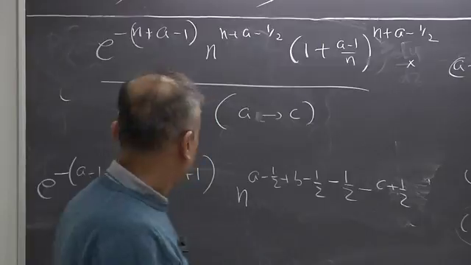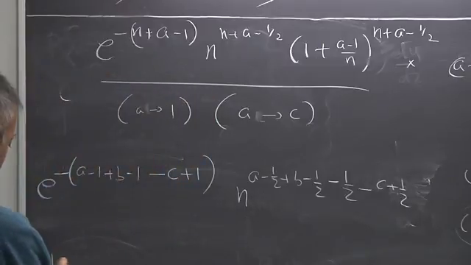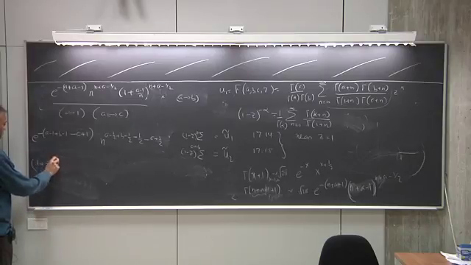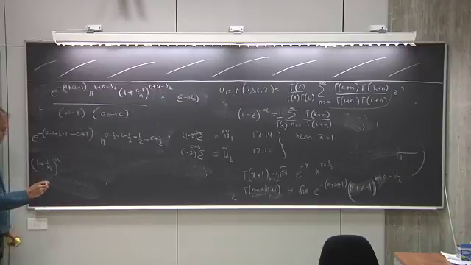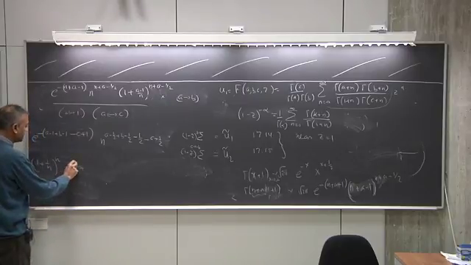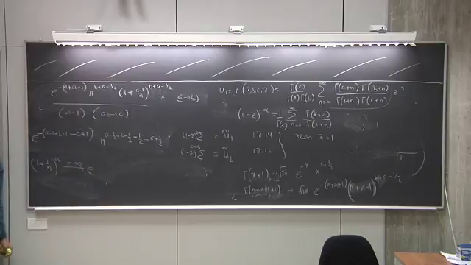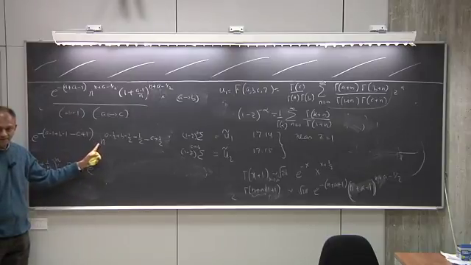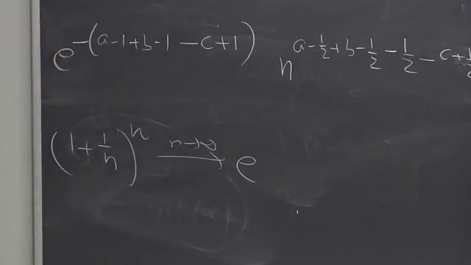The reason is, I don't know if you know this, 1 plus 1 over n to the power of n in the limit n goes to infinity is simply exponential e. Okay, but so some constant. I don't need to worry about that. I'm looking at what is the n behavior here. That's the more important point.